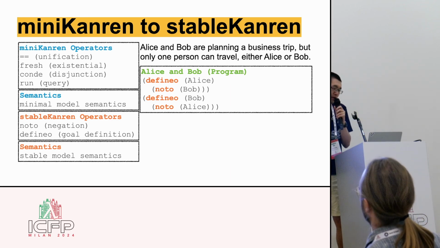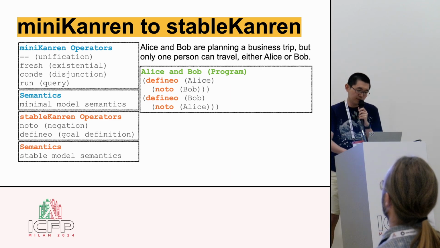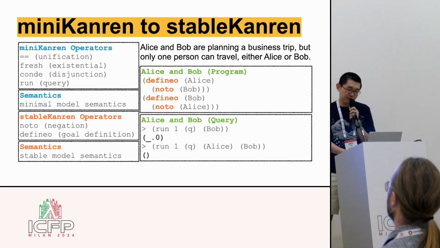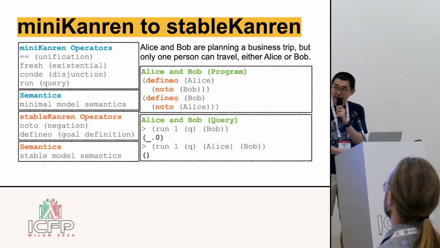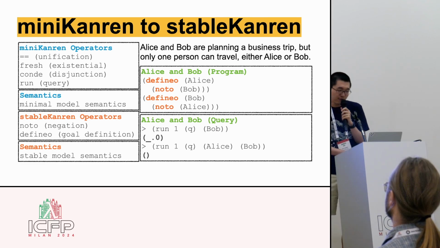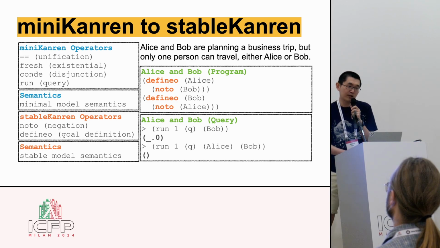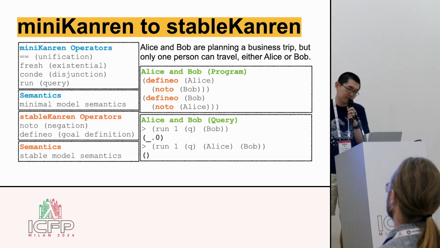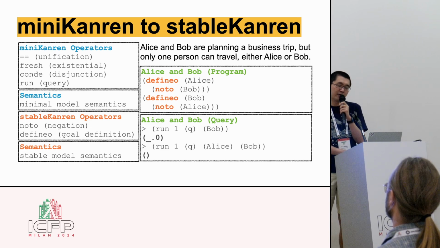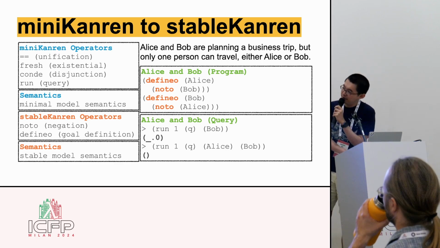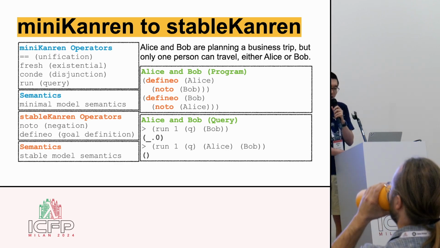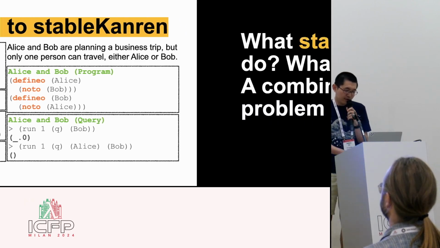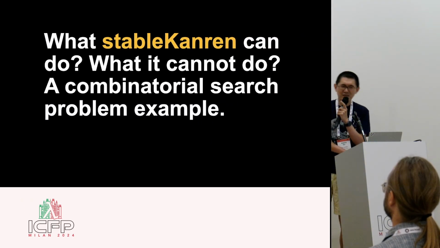If Bob is going, Alice cannot go, so not Alice. To run the query, we can ask, can Bob go travel? Then stableKanren will answer yes. The underscore dot zero indicates success, meaning Bob can go. Then we ask another query: can Alice and Bob go together? StableKanren says no, they cannot go together.